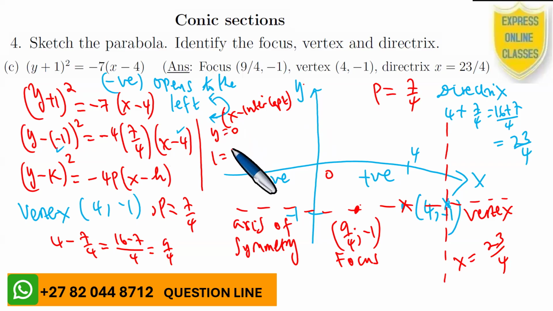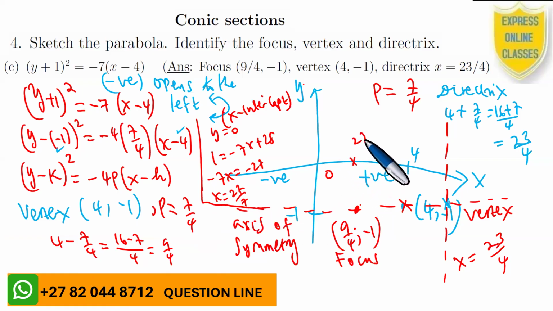When y is 0, which means you have minus 7x plus 28, which means that it's minus 7x equals minus 27, which is 27 over 7, excuse me. So you're going to have that x is 27 over 7, which is like 3 point something. That is the x-intercept.